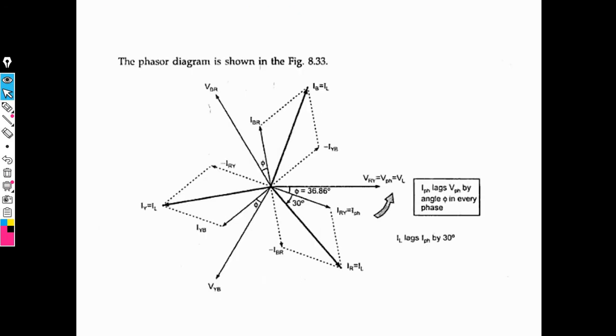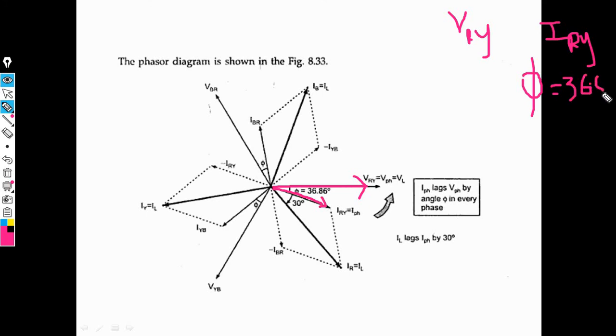First we need VRY, and again IRY. Here VRY is, then IRY is. Then we need the angle between them, phi is 36.86. That is here, phi is here.